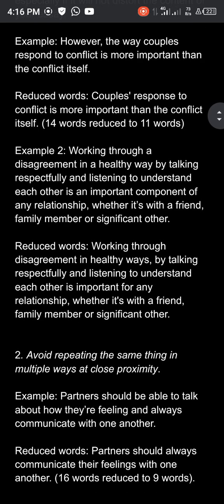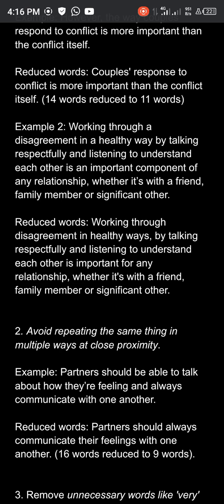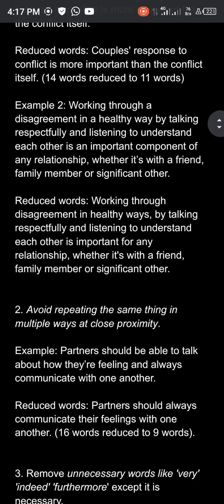I have a second example. This one is a long sentence. Example 2. Walking through a disagreement in a healthy way by talking respectfully and listening to understand each other is an important component of any relationship, whether it's with a friend, family member, or significant other.